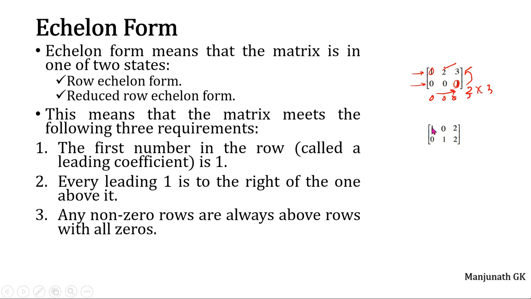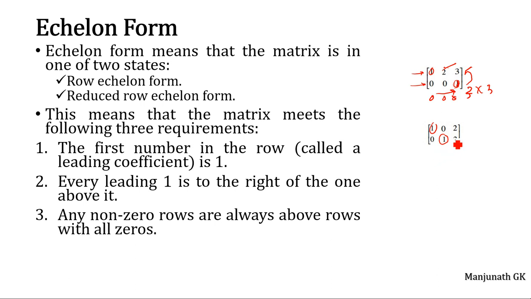All right, consider the second example. The first row should have a leading coefficient, that is 1. Yes, it is there. Then in the second row, the leading coefficient should be 1. It is there, and it is to the right of the leading coefficient above it. And if it has any non-zero rows, they should be above the zero rows.